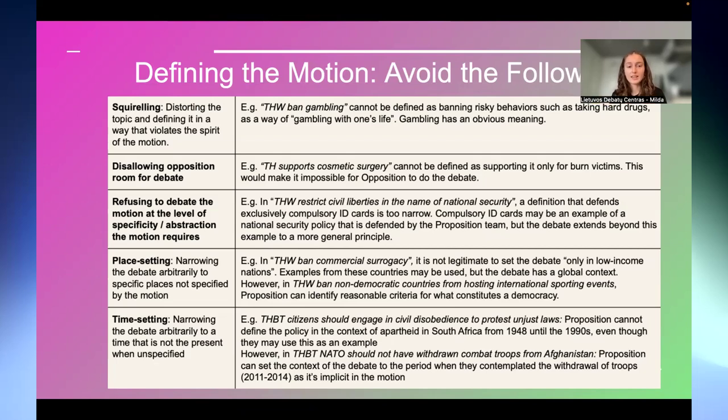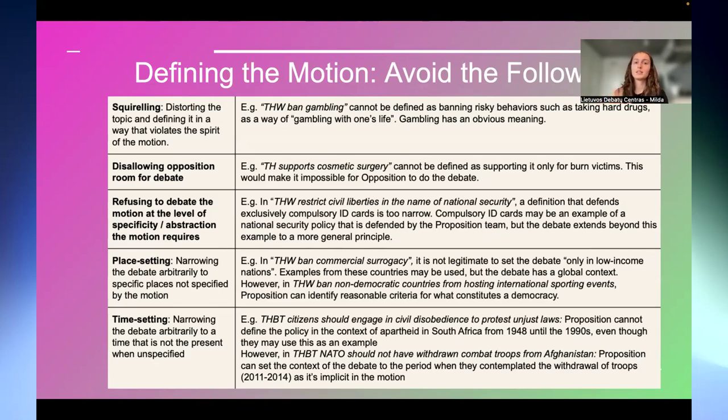Number 4, place setting, narrowing the debate down to a specific place when it's not specified by the motion. So banning commercial surrogacy, for example, you cannot say that you would do that only in low-income countries. It should be global.